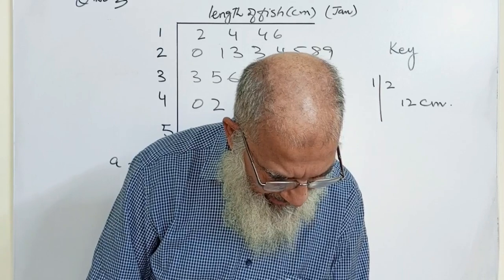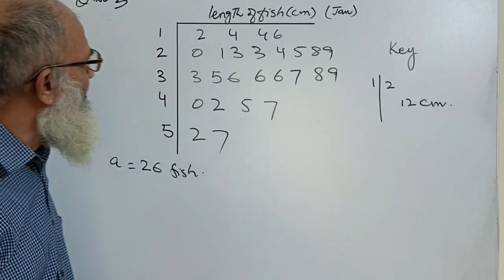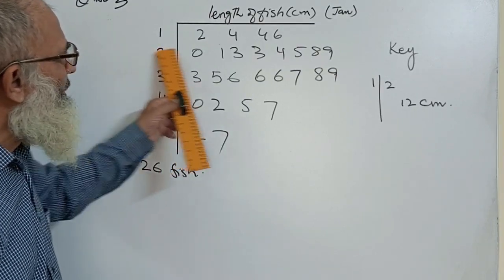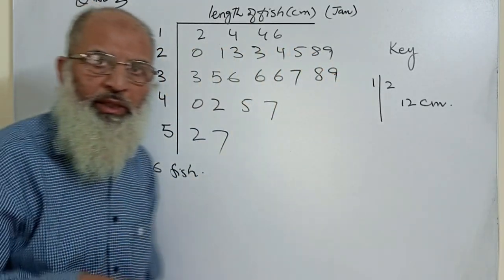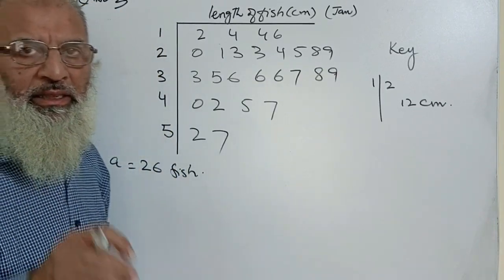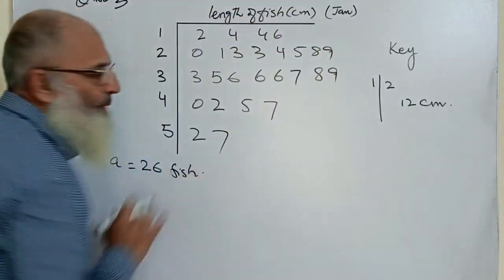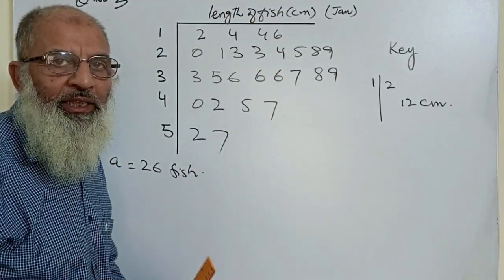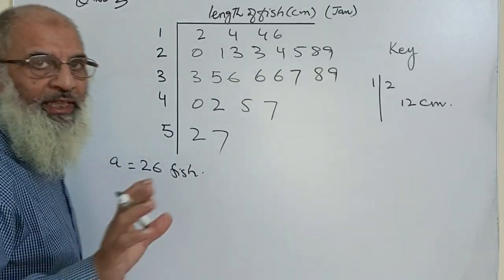What was the shortest length measured? Now you can see from this stem and leaf diagram the most advantageous thing about this data: you can keep an eye directly on the actual data.